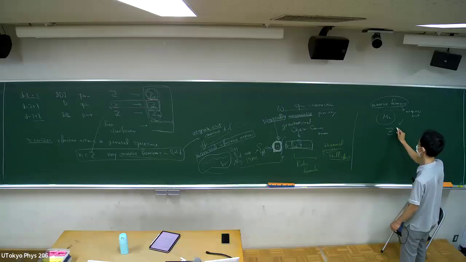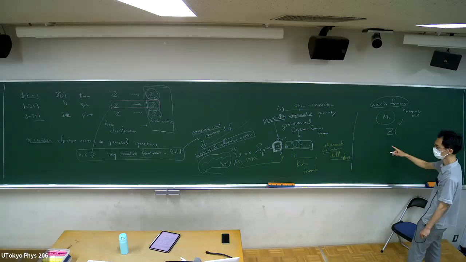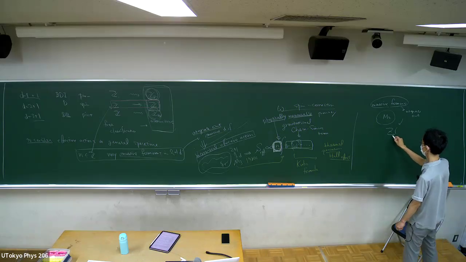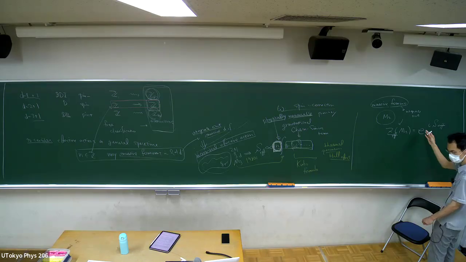And you can end up with the exponentiated effective action, Z_eff of M2, which is the exponential of i S_eff in the Euclidean signature.